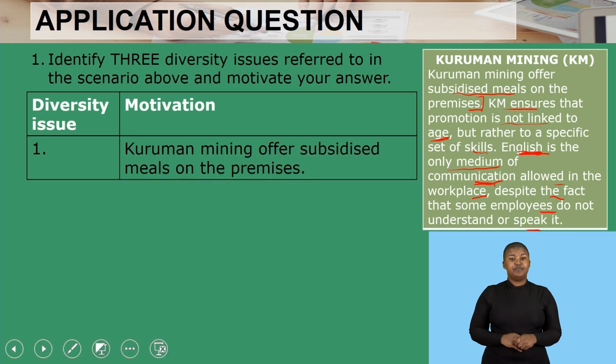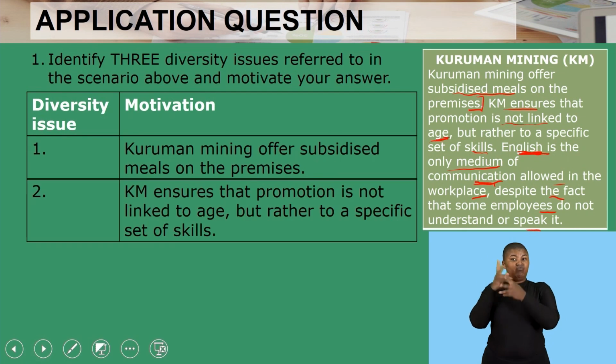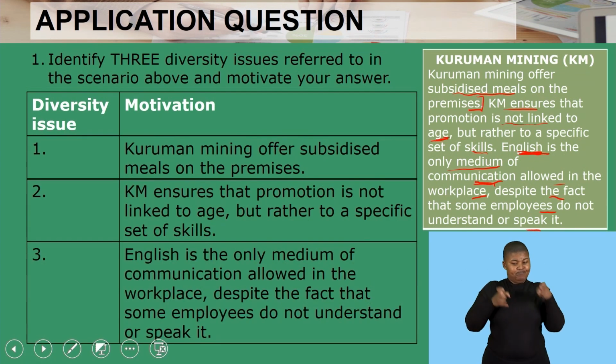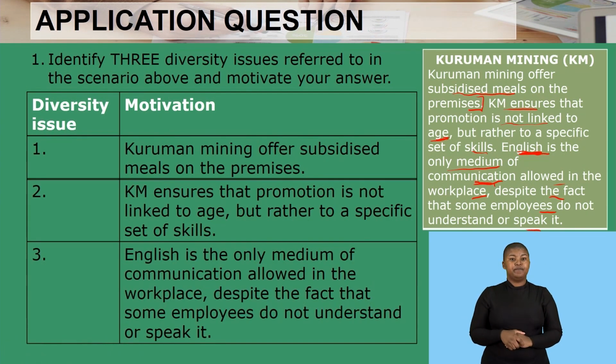So how do you do it? You need to quote them first. So you quote the 3. Thereafter, you identify the issues. So the first one, talking about subsidized meals, this should be poverty as a diversity issue. That is one. And then KM ensures that promotion is not linked to age. So that one talks to age as a diversity issue.